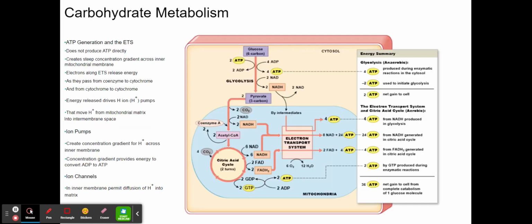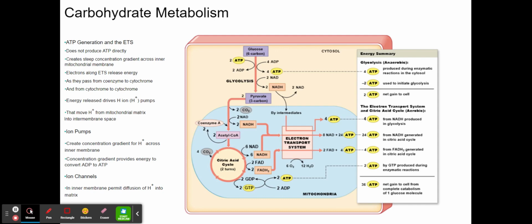As we noted earlier, concentration gradients across membranes represent a form of potential energy that can be harnessed by the cell. The electron transport system does not produce ATP directly. Instead, it creates the conditions necessary for ATP production. It creates a steep concentration gradient across the inner mitochondrial membrane. The electrons that travel along the ETS release energy as they pass from coenzyme to cytochrome and from cytochrome to cytochrome.